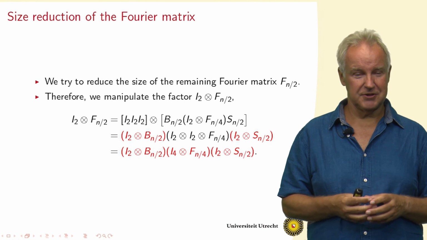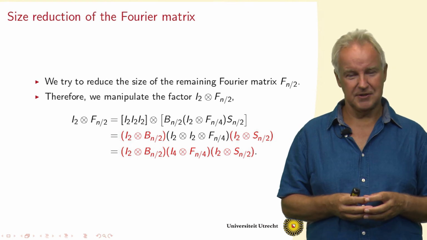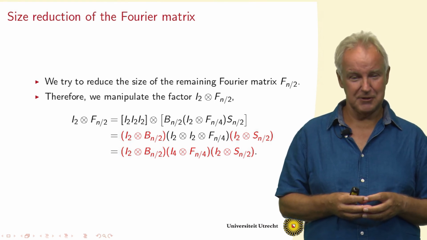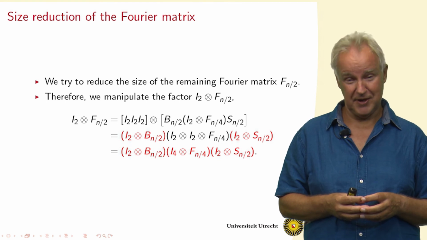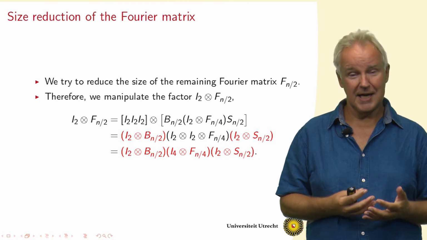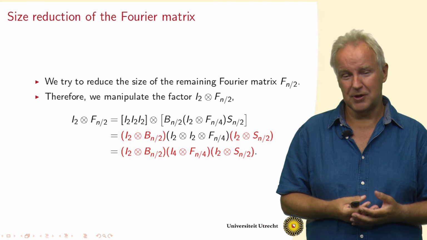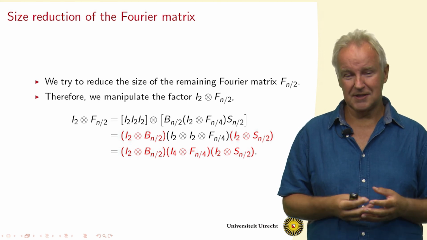Using the fact, for example, in the middle, we have I2 times Fn over 4, I2 times I2 is just I4. So we have written the formula slightly differently.